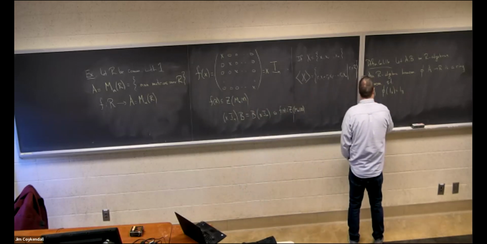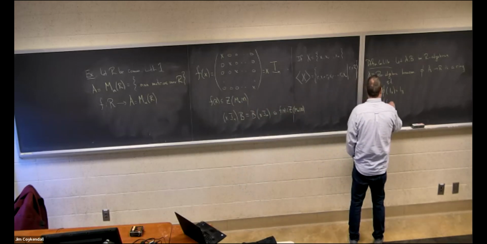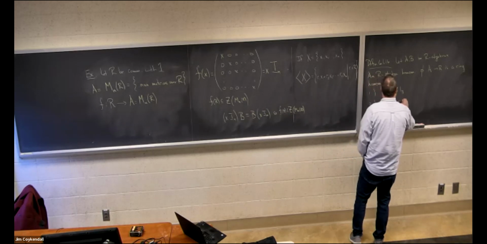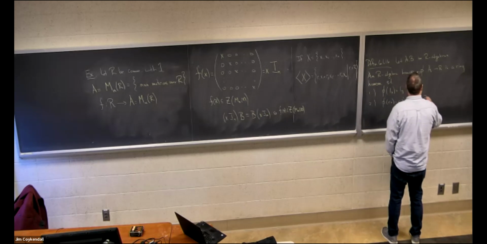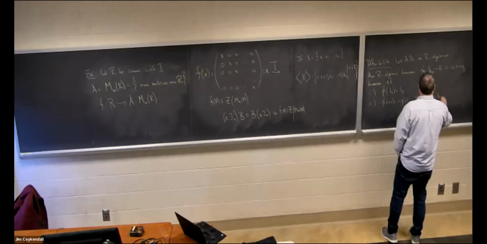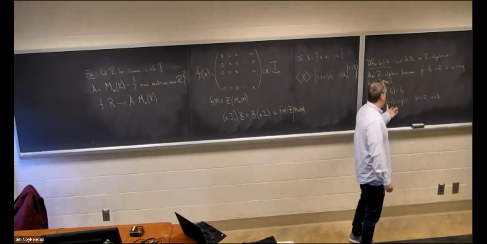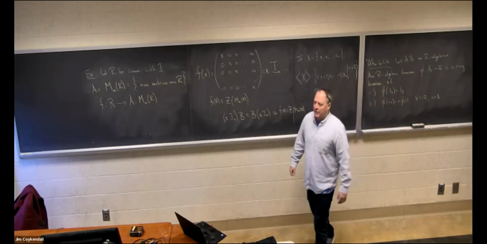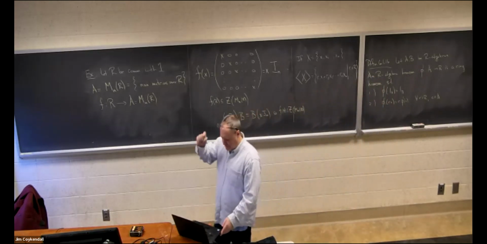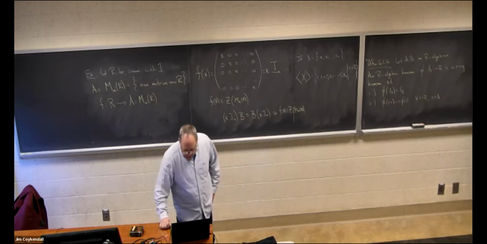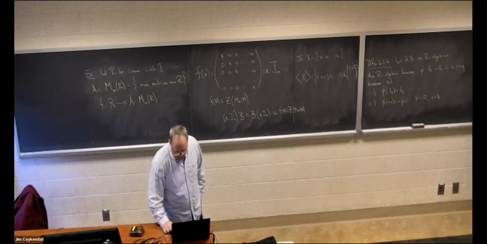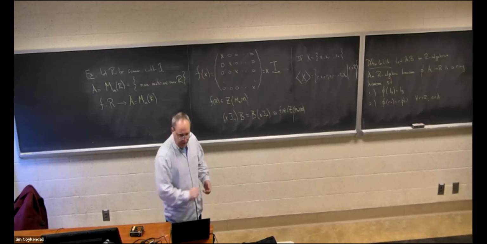That is to say, phi of r a is r phi of a, for all r in R and a in A. So it's a ring homomorphism, but at the level of R, it's also an R module homomorphism. Okay. Any questions?